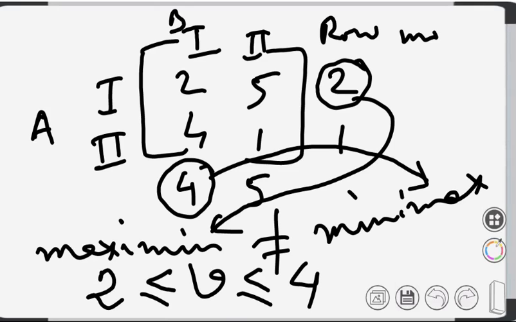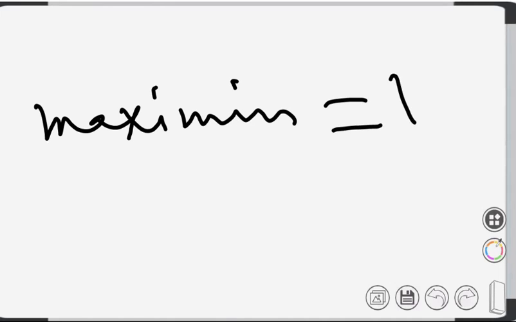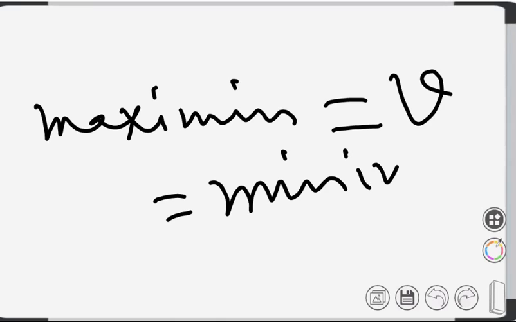It is always true. In case of saddle point, maximin equals V equals minimax.